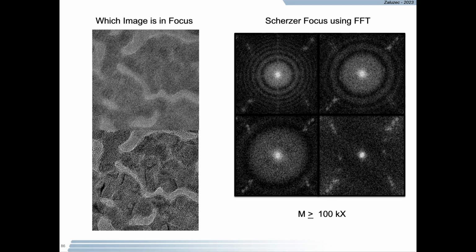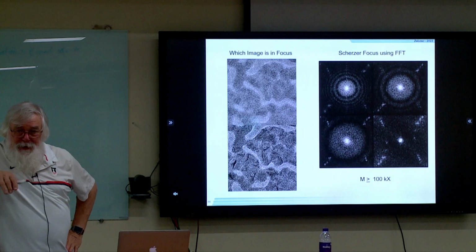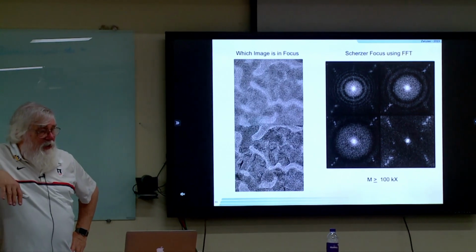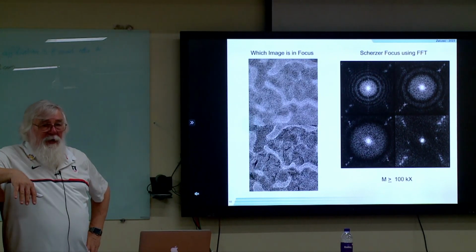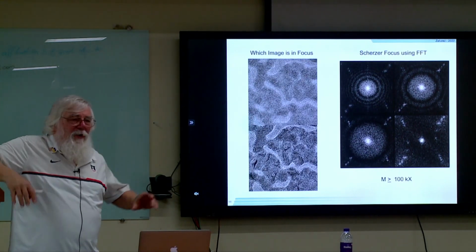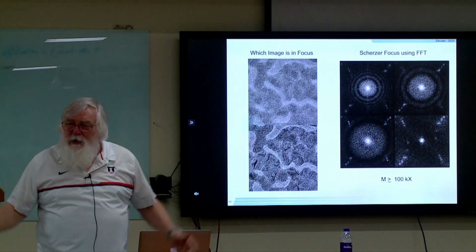Now, I'm going to ask a question. Here are two high-resolution images, and the question is, which one of those is in focus? You're going to run into this, particularly if you start using the atomic resolution microscope that you have here in Madras. You're going to get high-resolution images, and you're going to want to know, I got this beautiful high-resolution image. Am I in focus? How do you tell?